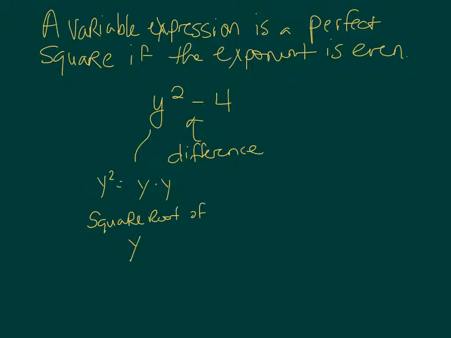Alright, is 4 a perfect square? 4 can be broken down into 2 times 2, so it has a square root of 2, and 2 is an integer. It's not a decimal. It's not 2.3 or 2.5 or 1.79, so it is a perfect square. So I have a difference of squares. Y squared minus 4 is in fact a difference of squares.